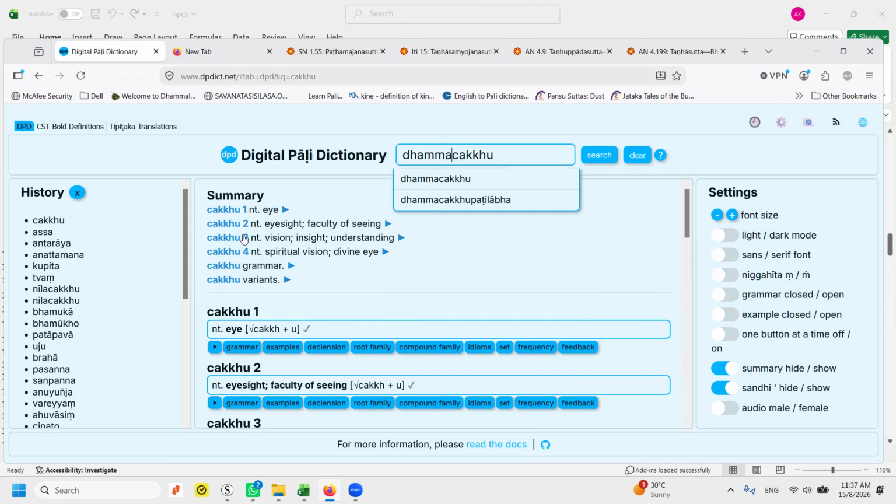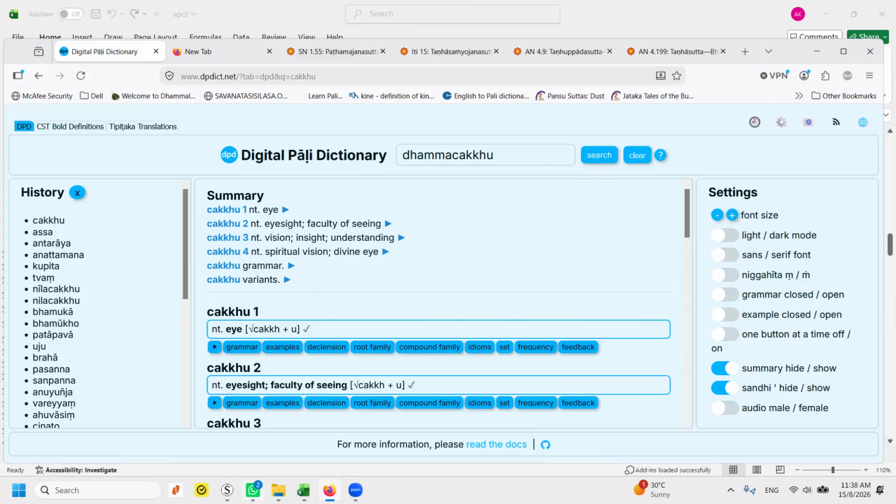Can you see the chaku here? This one is vision, insight, and understanding. So when you say during your meditation, if it's in the Pali word chaku, that means you got insight. Insight means understanding. Understanding means you have some kind of vision or idea. So this is how it goes.